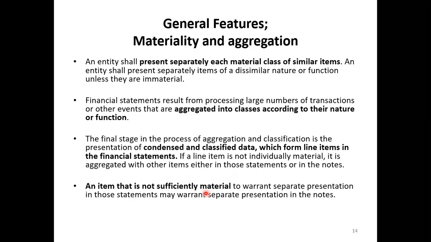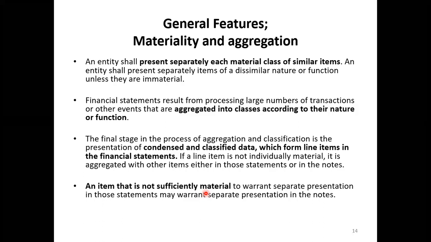Materiality and aggregation. Importance, materiality: whether it is important to disclose the information or not. That is materiality. Aggregation, make it total. There are so many sales occurring, but we couldn't find sales date wise or incident wise; we can find the sales in one line, the total figure.